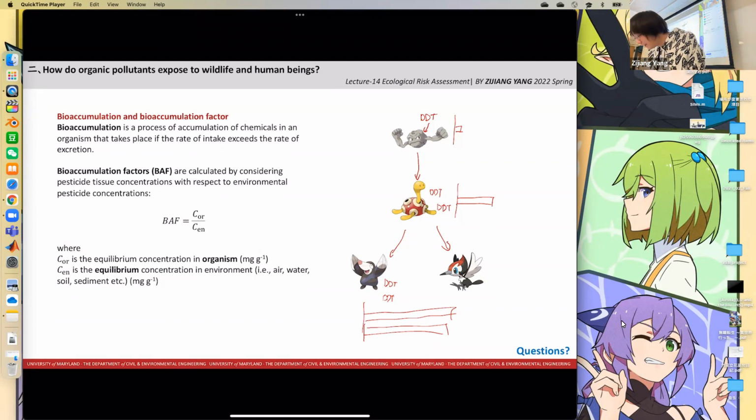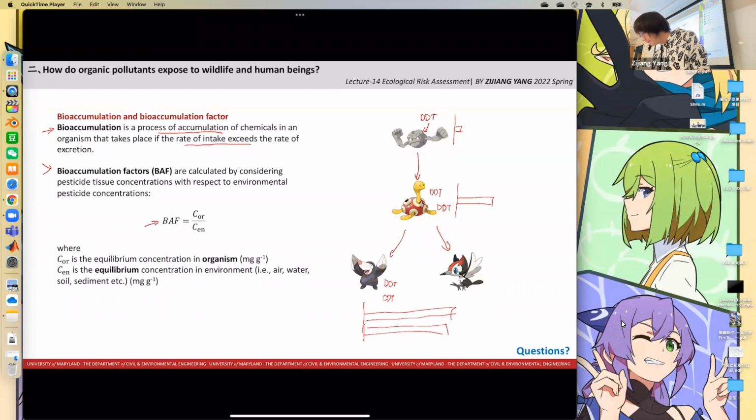And so bioaccumulation is a process of accumulation of chemicals in an organism that takes place if the rate of intake exceeds the rate of excretion. And bioaccumulation can be quantified by the bioaccumulation factor.